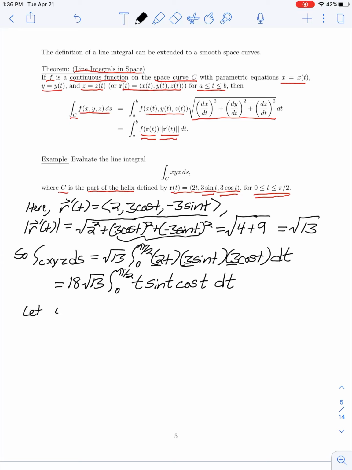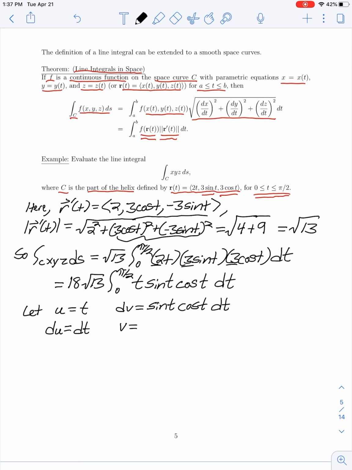So here, let's choose part of this integrand to be u. I'm going to choose u as t, and then the rest of it is dv. So in this example, we would have sine of t times cosine of t dt. And to use the integration by parts formula, we need to calculate du, which would be 1 dt, and v.